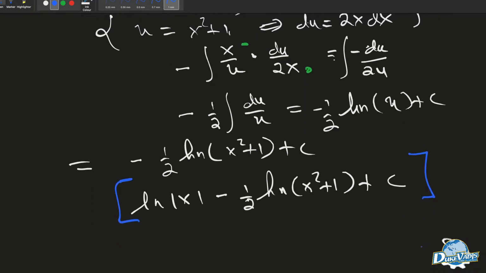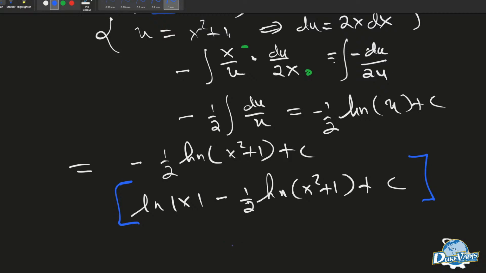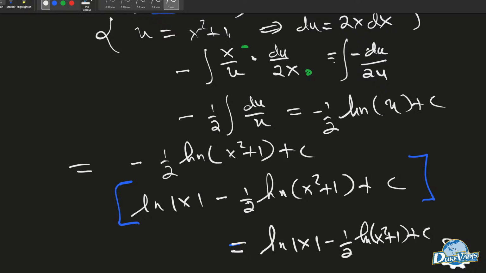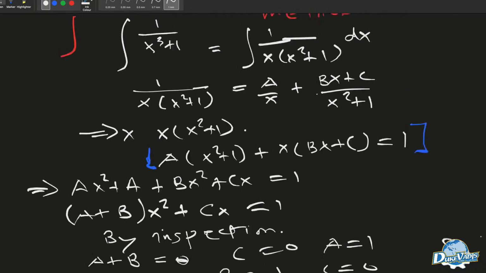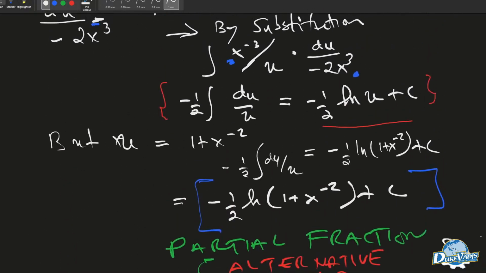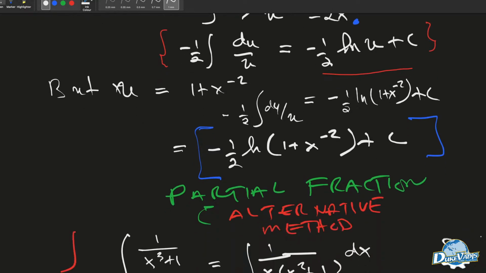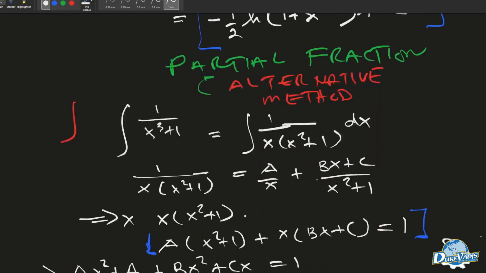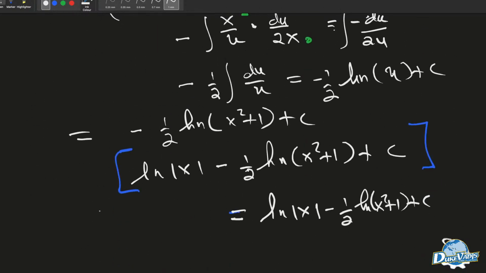On the right hand side, we have natural log of x minus half natural log of x squared plus 1 plus C, which should be equal to the first one, which is minus natural log of 1 plus x to the power negative 2.